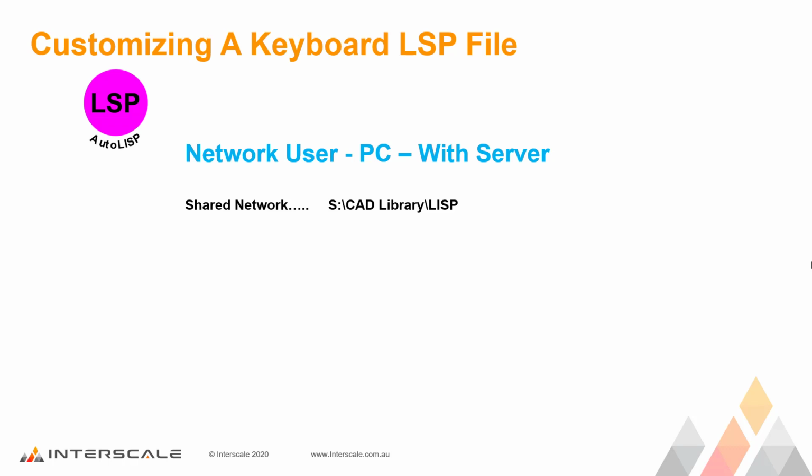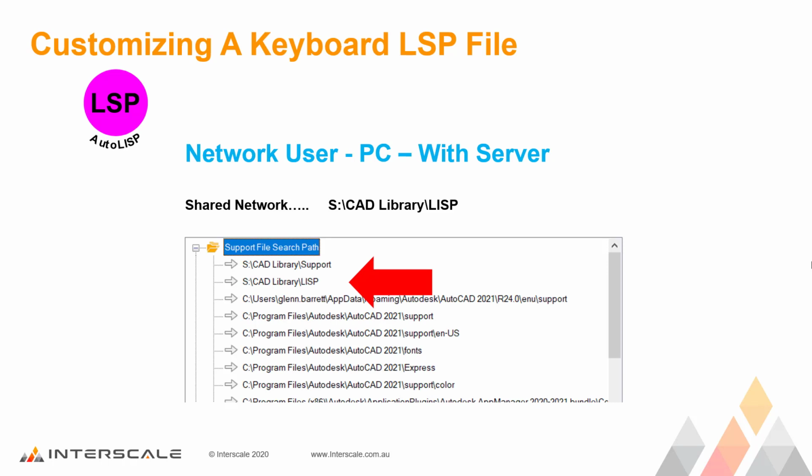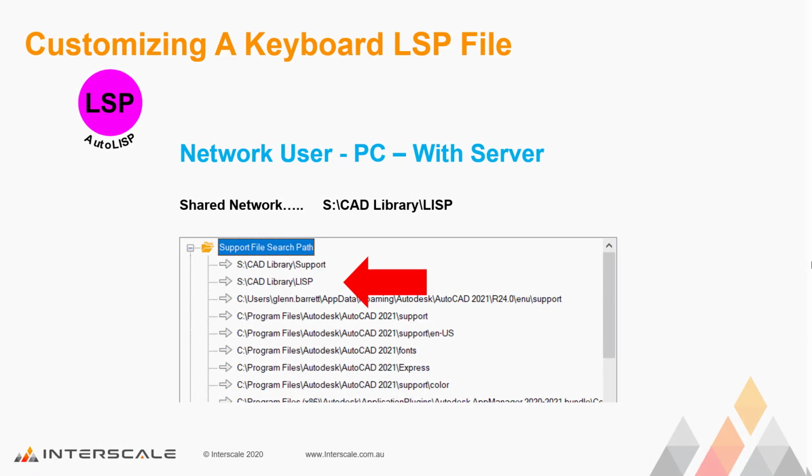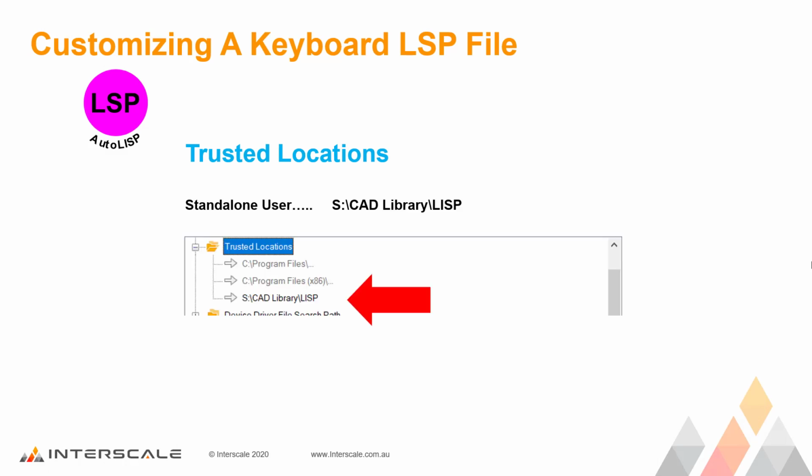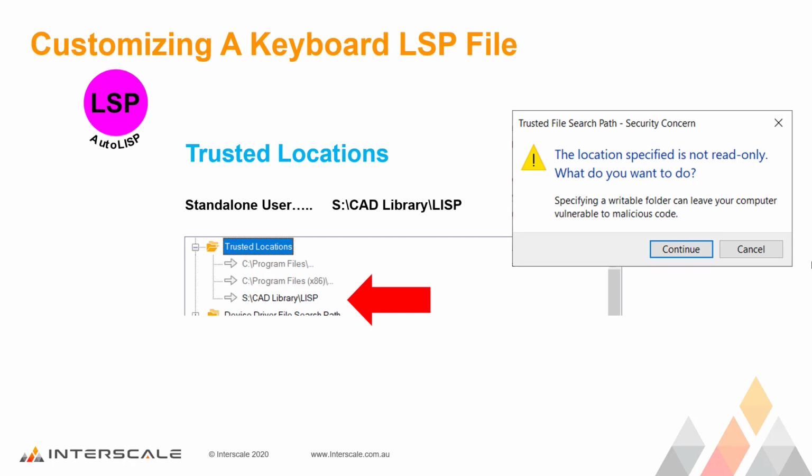The next thing to do is to go into the AutoCAD options and add the new file path towards the top of your support paths so that AutoCAD finds and uses this folder and its files early. Remember, if this file is edited, it affects all users, so it's normally managed by the CAD manager. The same rule for adding your folder to the trusted locations folder applies as before.